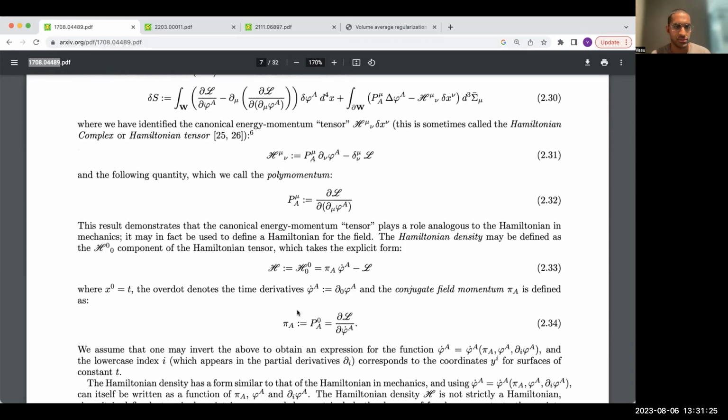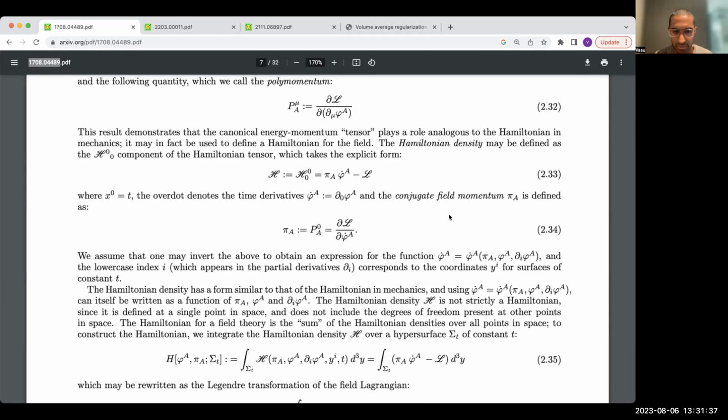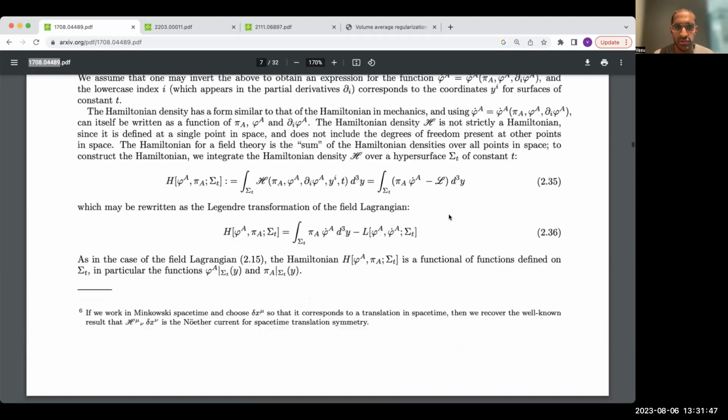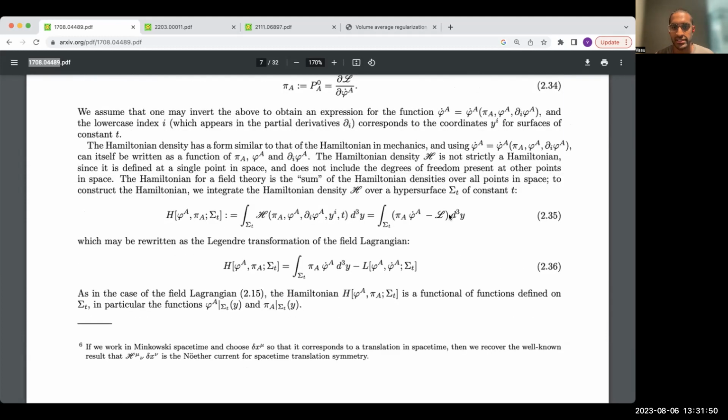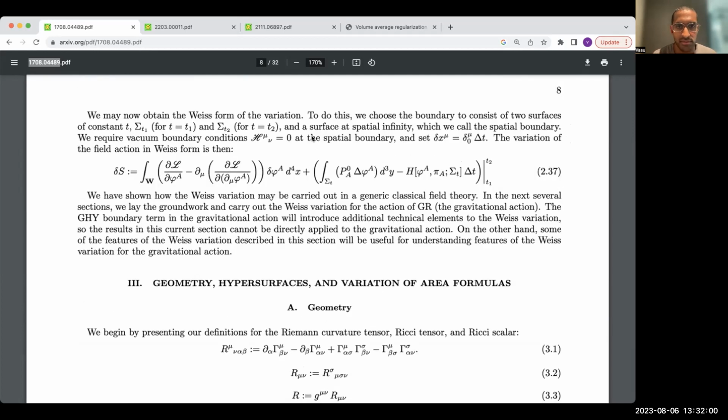And so to get this canonical Hamiltonian, what would you have to do? You would have to take delta x to be in a direction that's time-like, essentially, and look at the zero component of that. So that's telling you the familiar thing that the Hamiltonian controls what happens when you move a constant time surface up or down. And here they just go over how you would rederive the familiar notions and what the idea is.